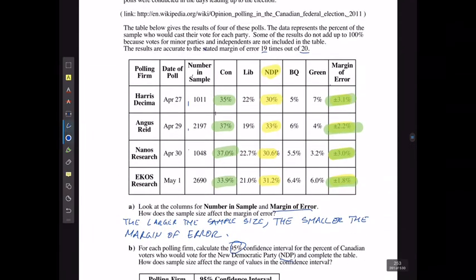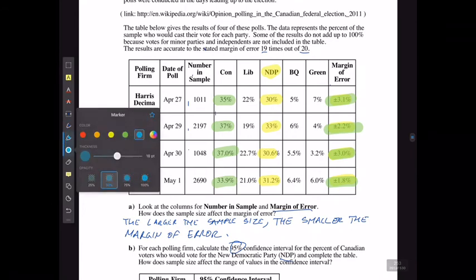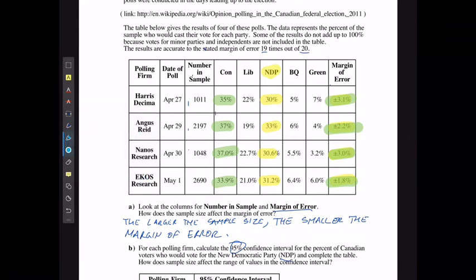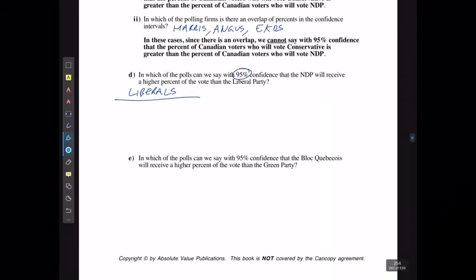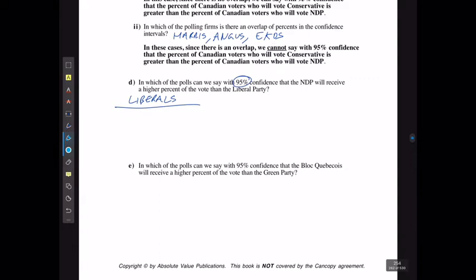I'm going to solve for the Liberals using the Harris data, the Angus data, the Nanos data, and the Ekos data to solve for what that range would be. So for the Liberals, I get for Harris that is going to be from 18.9% to 25.1%.